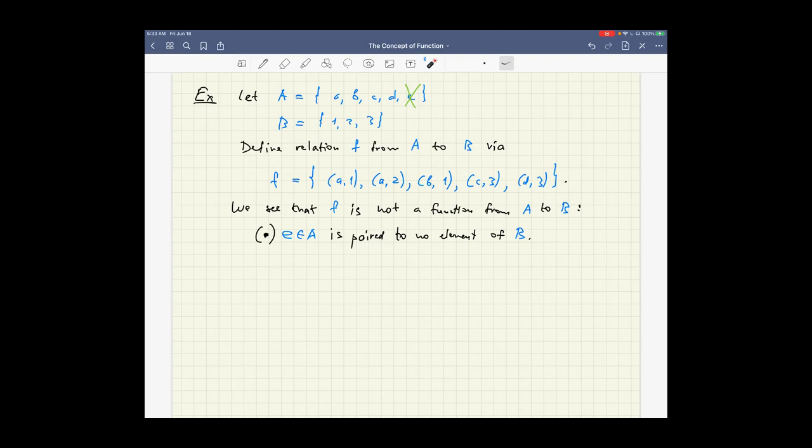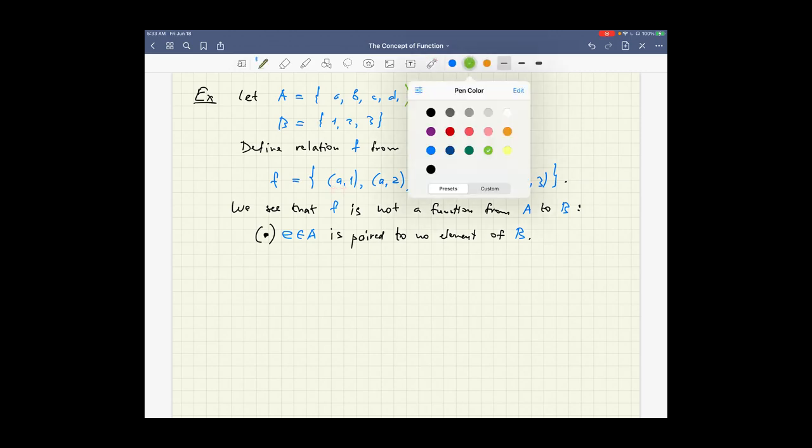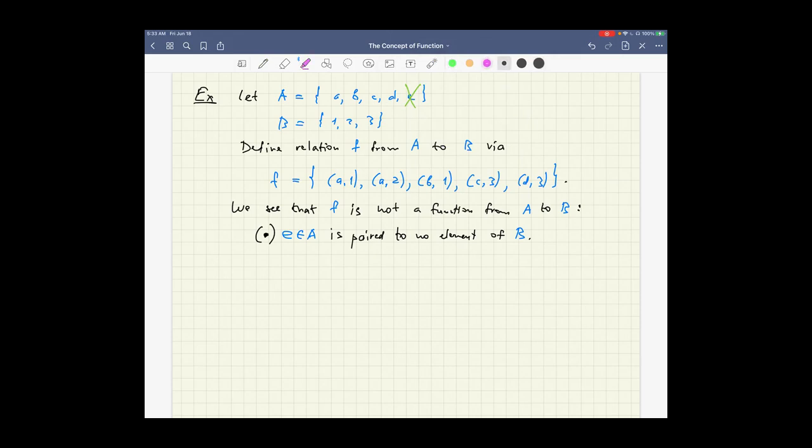We have a bigger problem. We have lowercase a corresponding to two different elements of the set B. Lowercase a corresponds to 1 in B and 2 in B. That is a much bigger problem. Right?